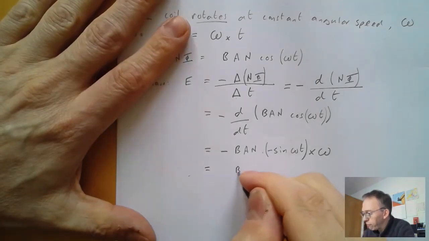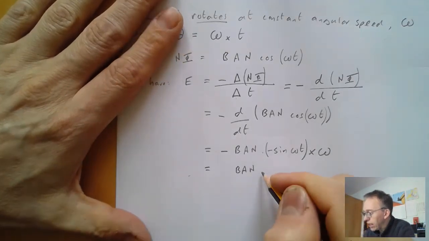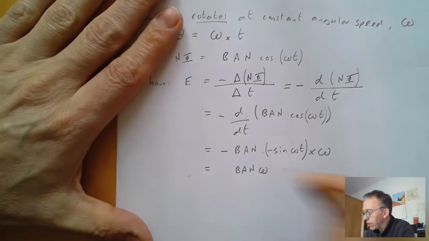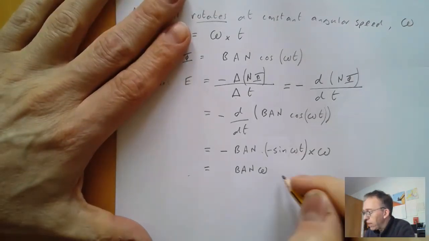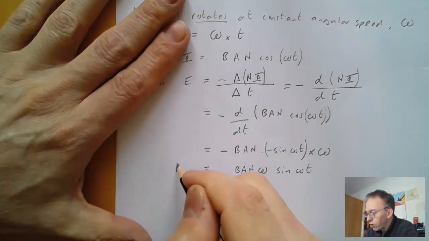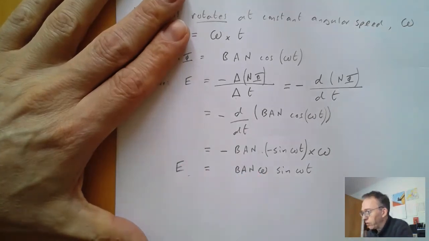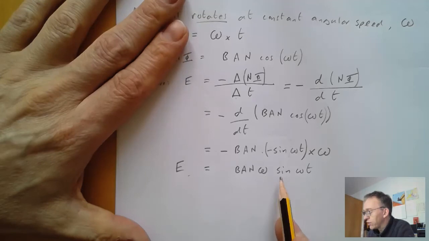We have B, A, and N. A factor of omega has appeared, and it's constant because the coil is rotating at a constant angular velocity. And we have sine omega t. Okay, so what we've done is we've shown that the EMF is equal to B, A, N, omega, sine omega t.